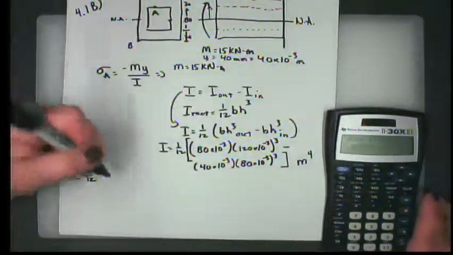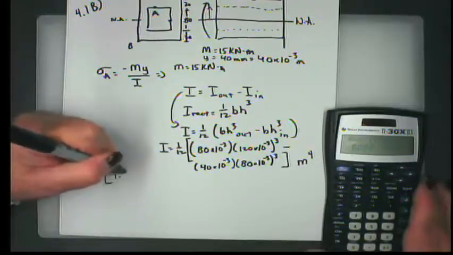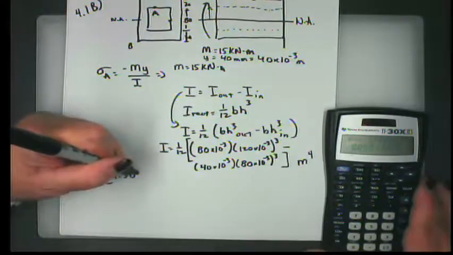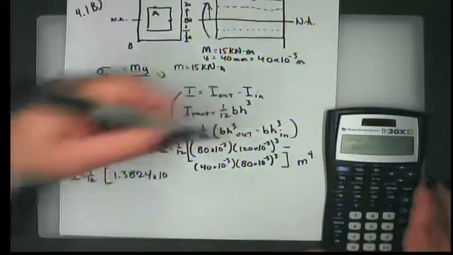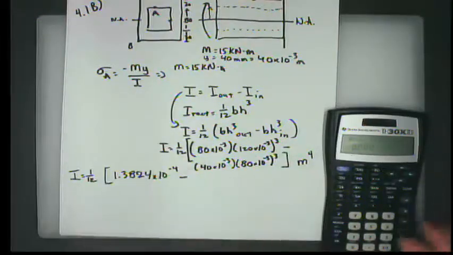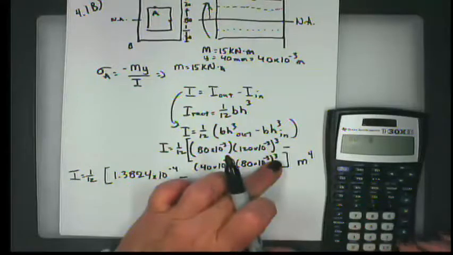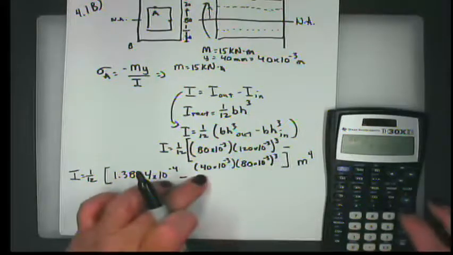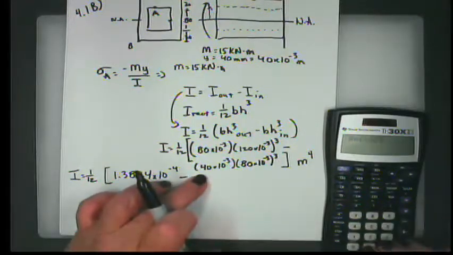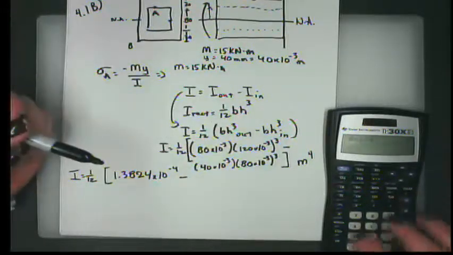So that's this itty bitty number, or I could just say 1.3824 times 10 to the minus 4. And then the bottom number here is 80, also raised to the third power, multiplied by 40. And that is also 10 to the minus 12th.